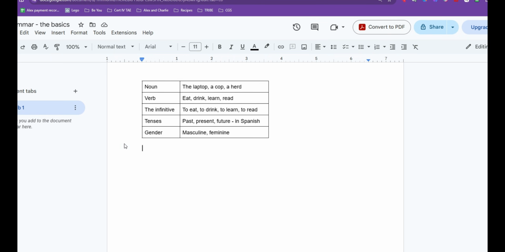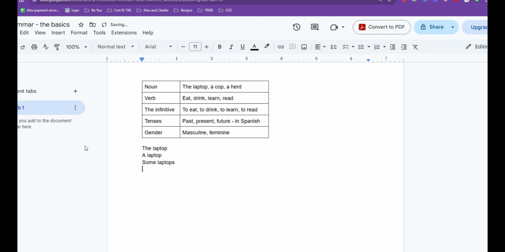A noun is just a thing. It doesn't matter whether the thing, the person, the food, the whatever is abstract. It's something that you can see, something that you can feel. If it is a concept, it is a place, then it's a noun. Okay, it can be a noun that means many things, like a herd, or it can be something a little bit more specific, like a laptop.